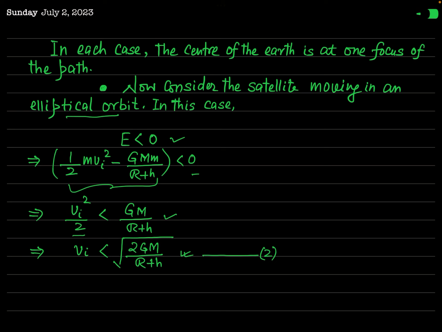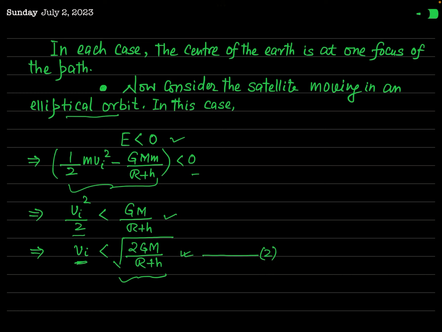So you can see, if the satellite is provided an insertion velocity vi smaller than this value, the square root of 2GM by r plus h, then that satellite will follow an elliptic orbit. So if the satellite is aimed to revolve around the Earth in an elliptic orbit, its velocity is limited.